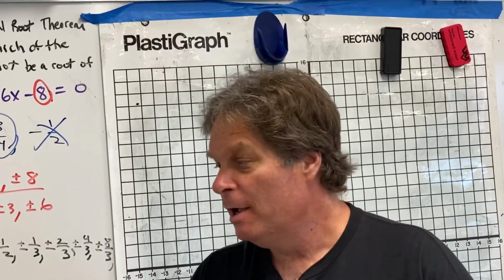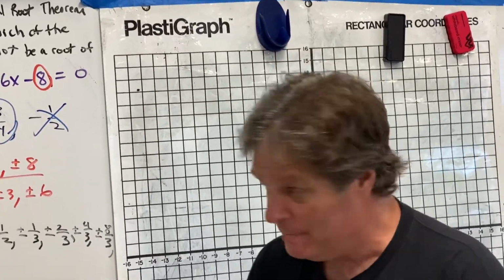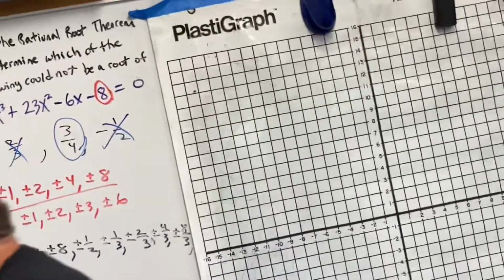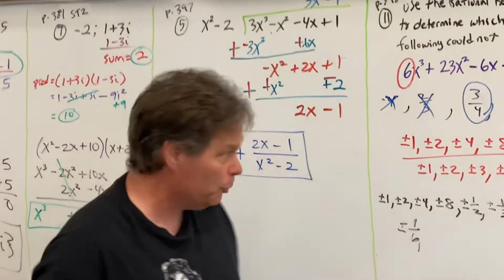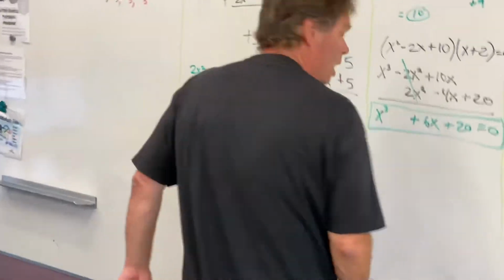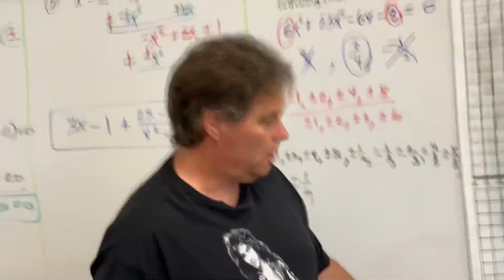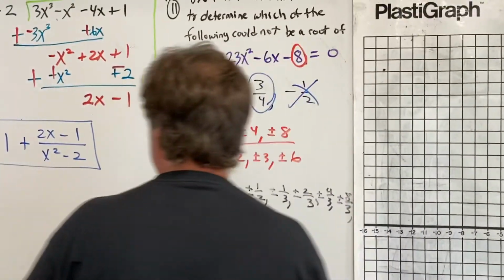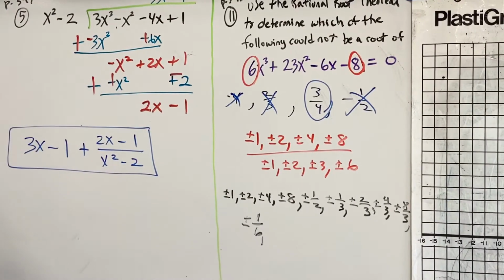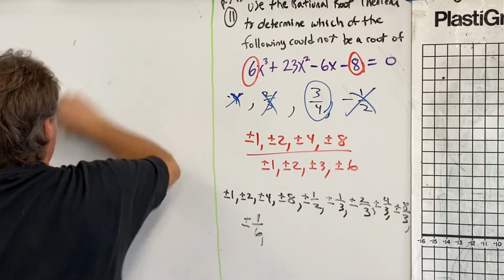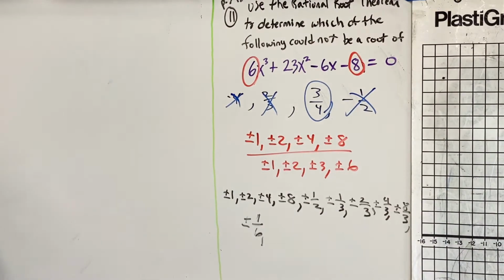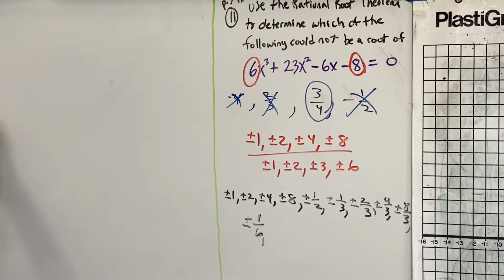And now, for the grand finale, I am going to show you a problem that I'm going to solve by the rational root theorem. Here we go. Let me just show you. I just have to erase this part right here. I just need a little room. Okay, here we go. Rational root theorem.